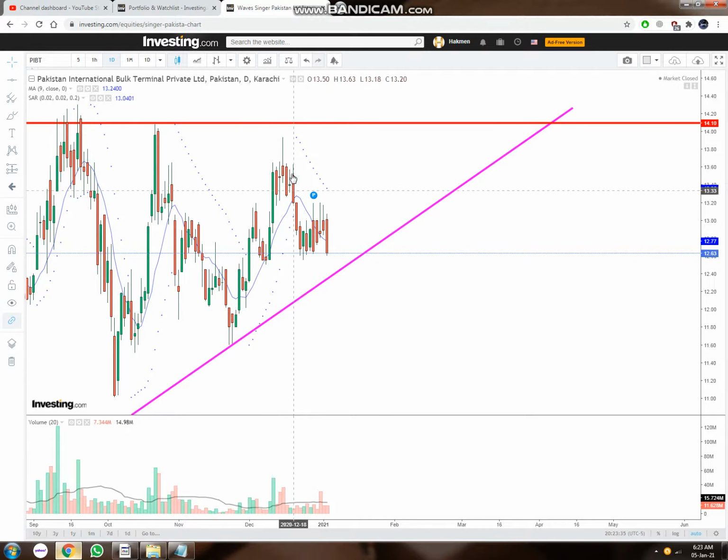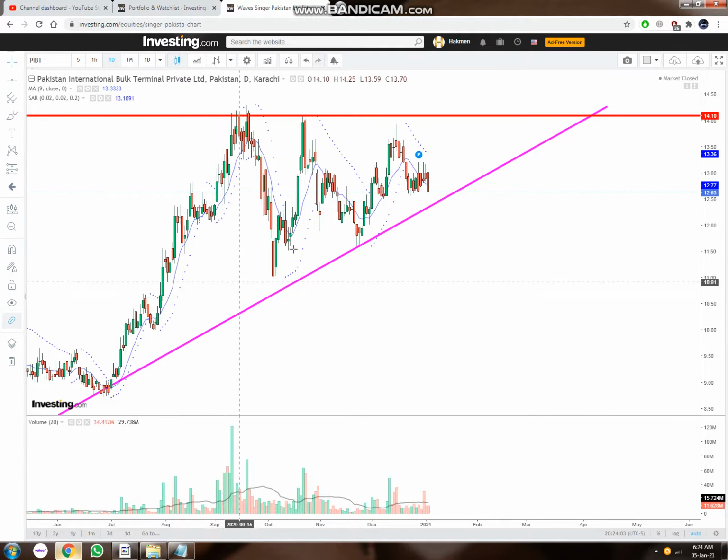And you can see that the bears are strong over here, but we will have to wait for another candlestick to give us a clue of whether it will further come down or rise above this trend line. I know it definitely will rise above this trend line, but we are going to wait to know how it will do in the future.